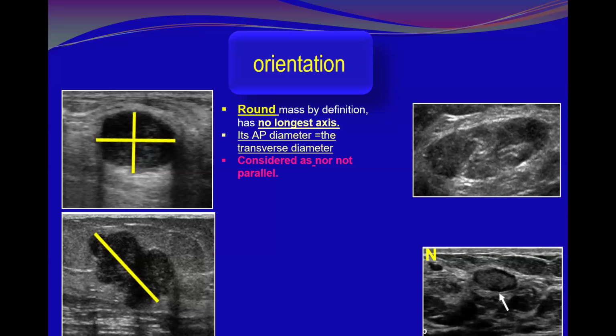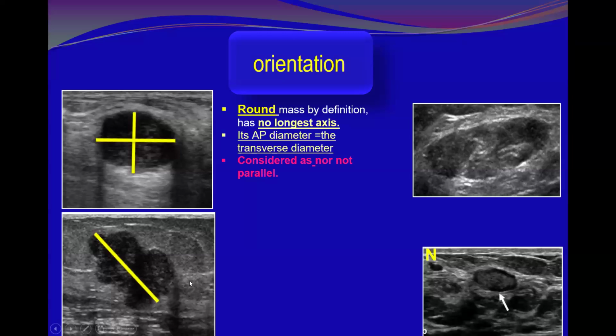So they are not going toward the reassuring descriptors. If you have a round lesion, regarding the orientation, you are going to describe it as a non-parallel mass. Okay? Is that clear? Yes. Rounded, non-parallel. Full stop.